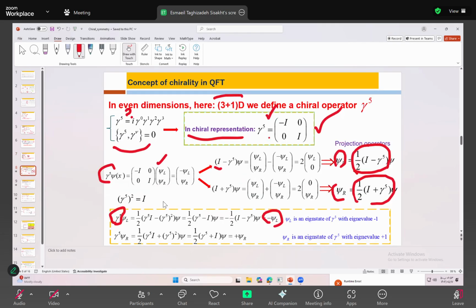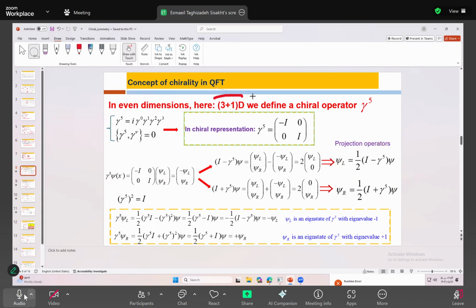Here, this is a matrix, something like what we have, for example, in Pauli matrices. And this gamma 5 matrix can transform the state, a Dirac state. So here I have shown how it can transform the state. Do you understand this part?